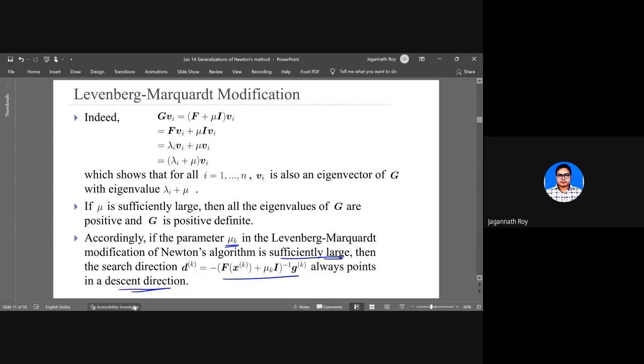For gradient descent we have seen that minus the gradient of f of x is the direction. Similarly, this particular direction will become a descent direction with this modification.